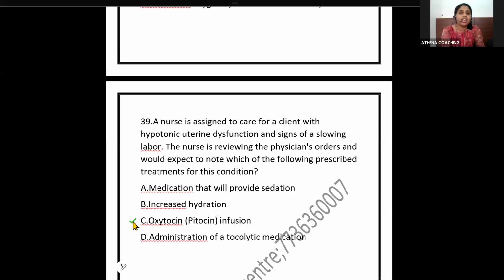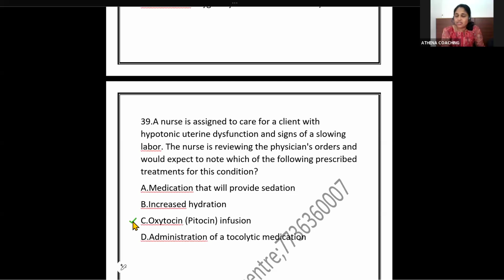To reduce contractions, a tocolytic agent is given. Medications that provide sedation will sedate the patient, but they do not act on the uterine muscles, and when you give sedation, hypotonic contractions will worsen. Please note that specially. Oxytocin increases uterine contraction. Clear?